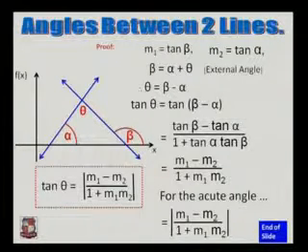So this is the very easy proof of how to find the formula for the angle between any two lines which have slopes m1 and m2. So tan theta is equal to the modulus of m1 minus m2 upon 1 plus m1 into m2, where m1 and m2 are the slopes of the given lines.